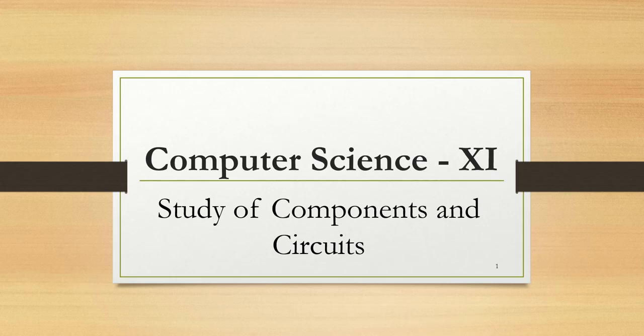Whatever the course contains, very basic concepts are given, but a detailed study of these components and semiconductor circuits we'll see in your next class, in your class 12 computer science syllabus.